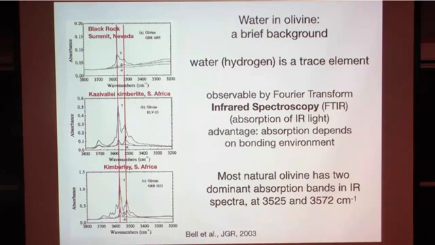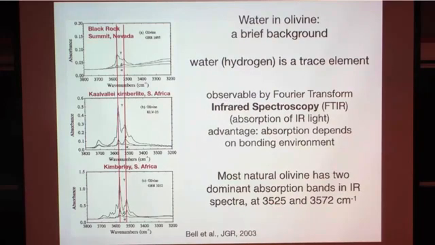If you measure the absorbance, this is wave number, basically you dial through the frequencies. The absorbance of the infrared light is determined by how efficiently you excite these hydrogen-oxygen bonds. And it turns out if you do that for olivine, you get absorbance, these red lines here, at 2 particular wave numbers.